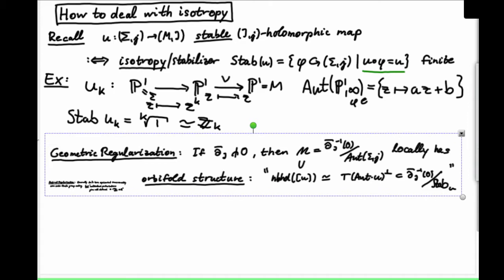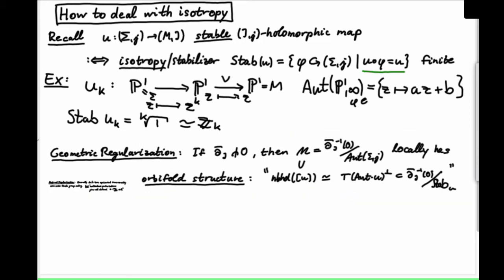And so what you can do is take a local slice to the group action, where you're quotienting the continuous part just by the tangent space of the automorphism group, and these finitely many elements still act on that local slice. That gives us something called an orbifold structure.